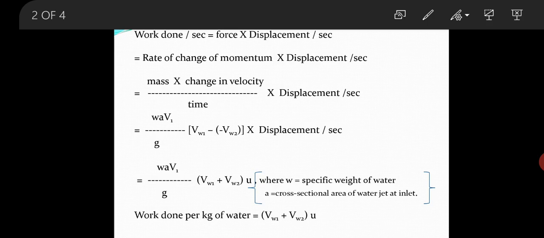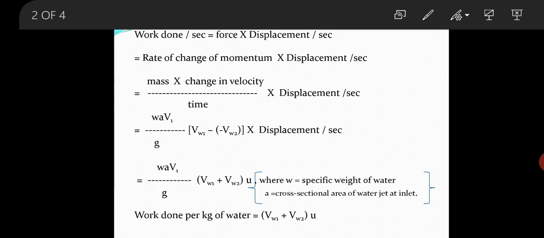So our work done per second is equal to mass of water flowing per unit time into change in velocity into displacement. So we have to find out the mass flow.